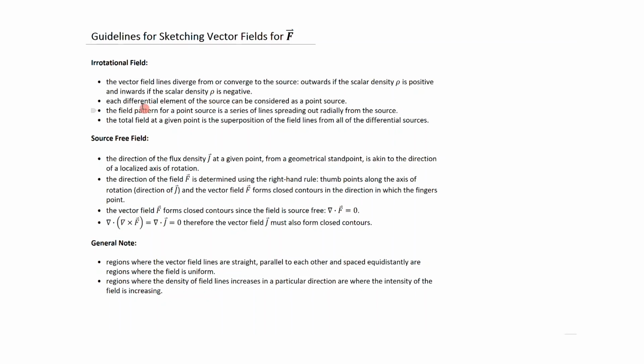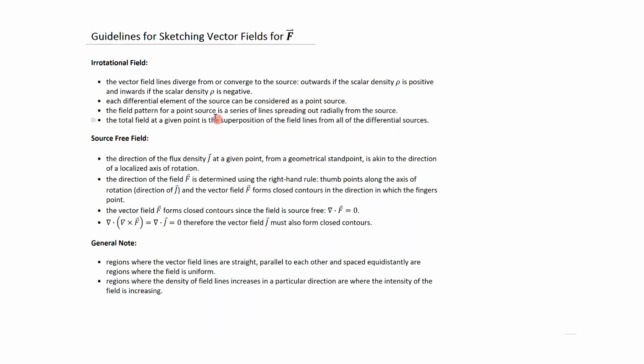Second, each differential element of the source can be considered as a point source. So if I had, for instance, a distribution of charges, I could say that distribution consists of an infinite number of point sources, and each one of those point sources would produce a field in line with the first bullet item. Then all these different fields can be superimposed to produce the total field.